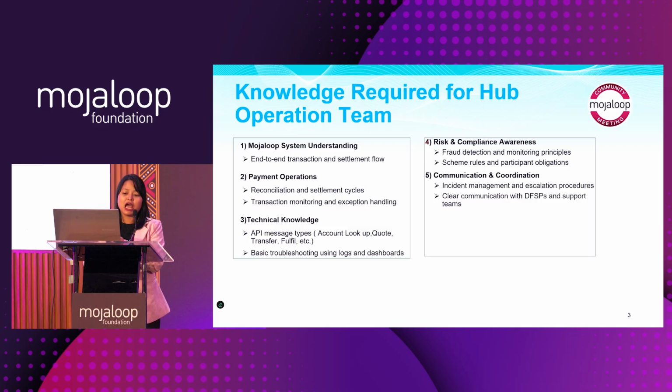From the compliance perspective, the hub operation team needs to understand how the payment scheme integrates with the fraud management system, and also how to detect and monitor fraud. The last one is that the support process is one of the responsibilities of the hub operation team. So that is why the team should have the knowledge of how to prepare the support flow for the customer support process.